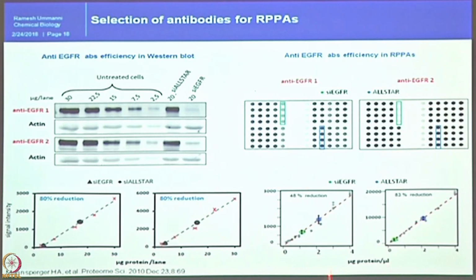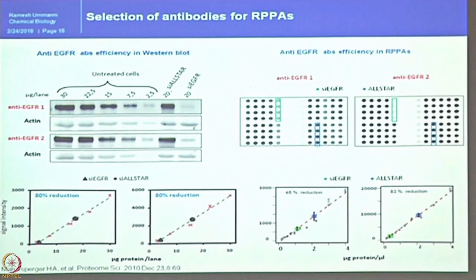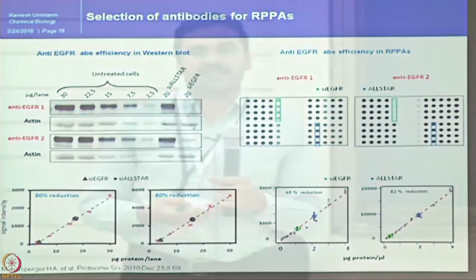When you look at the correlation, the first antibody detects 48% downregulation, and the second antibody says 83% downregulation. Now again, question mark. So when we deal with an antibody-based approach, we should be very cautious in choosing the antibody. Otherwise, at the end of the experiment we will not be able to conclude or infer any meaningful data.